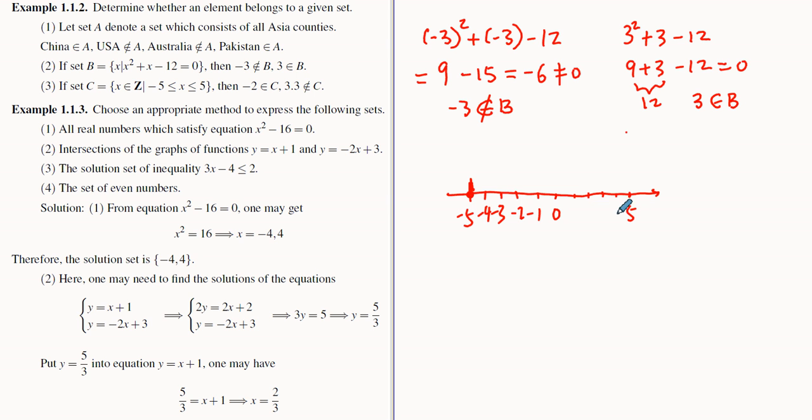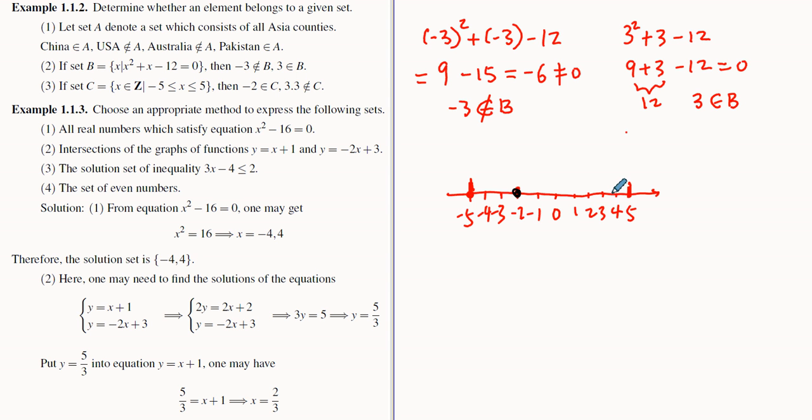Okay, and then we can see here negative 2 is between negative 5 and positive 5. So indeed, negative 2 belongs to this set, which is an integer.